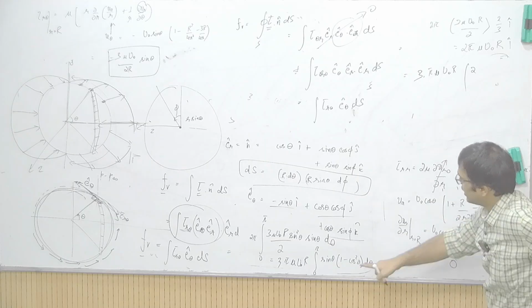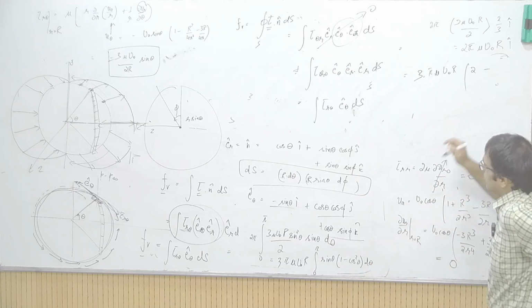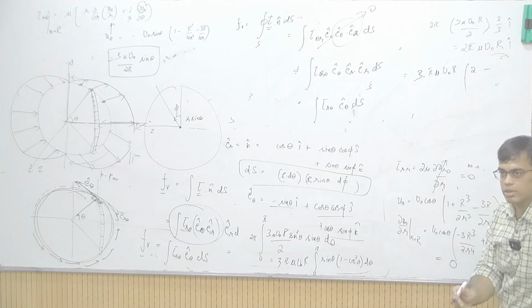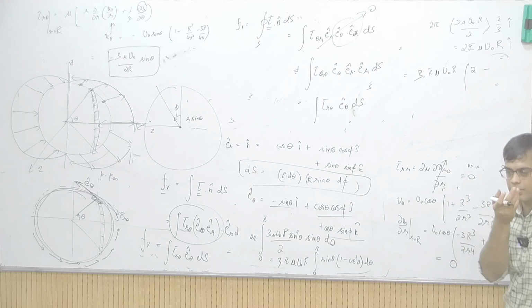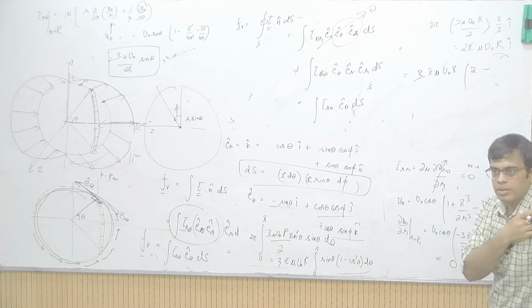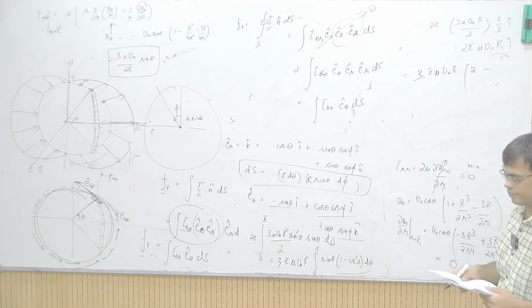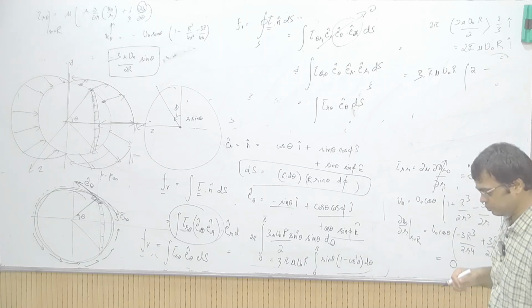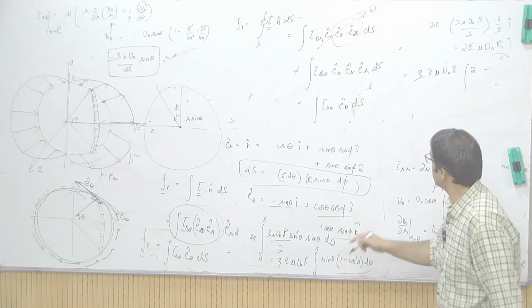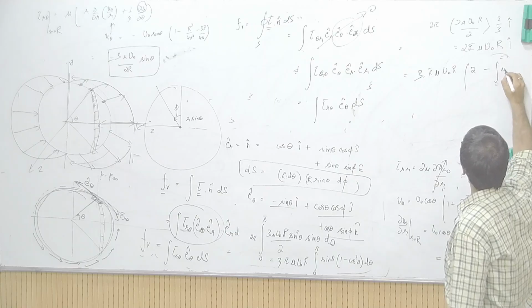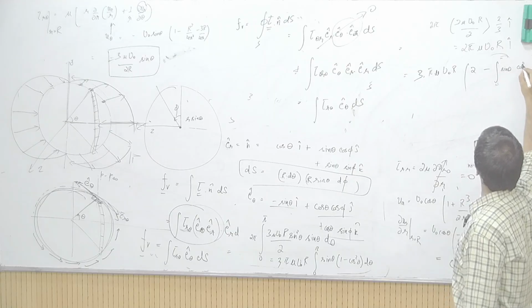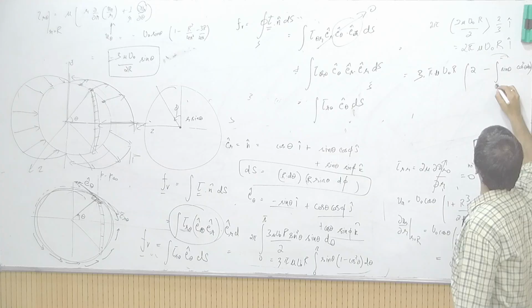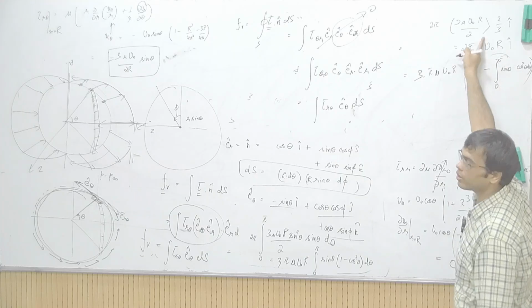2. And then we have a minus of sine theta cos square theta d theta. What is that? We just calculated sine theta cos square theta d theta. What is it? Minus of 2 by 3, no? So this is sine theta cos square theta d theta 0 to pi, which is exactly what we did earlier.